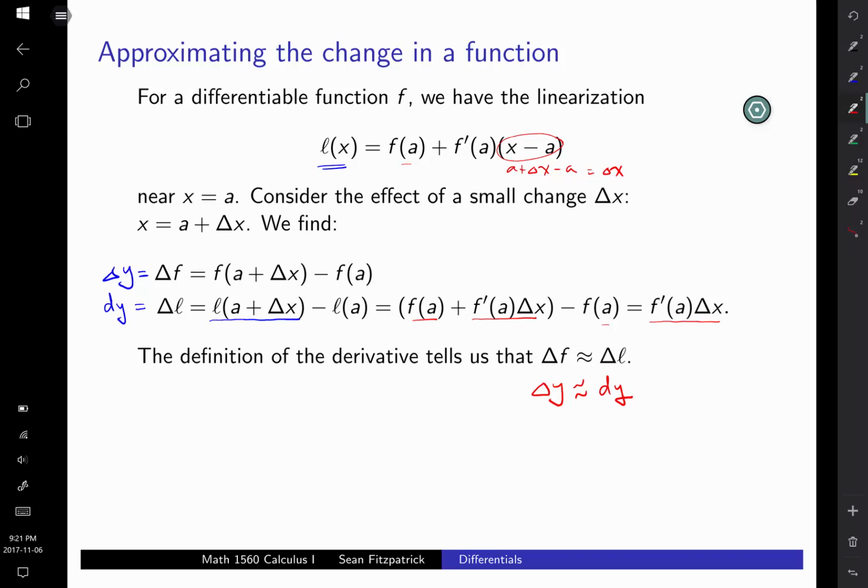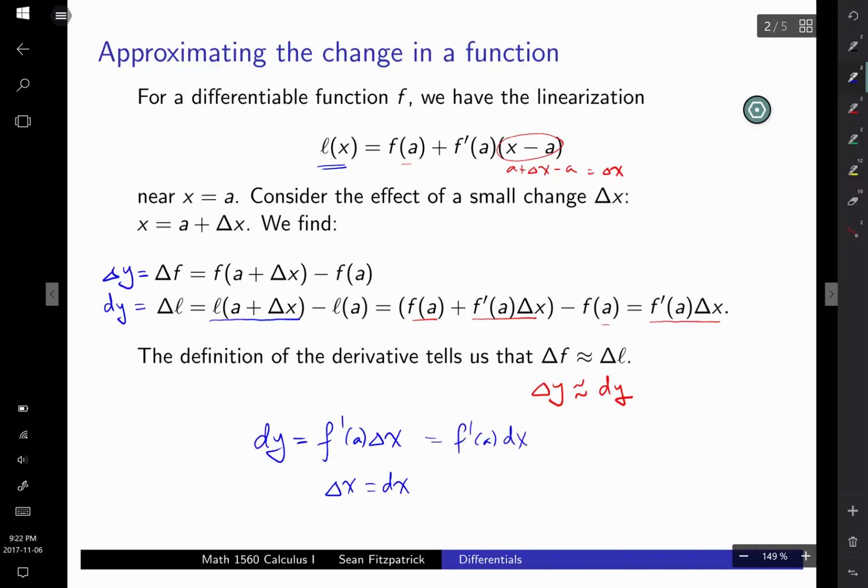So dy is given by f prime of a times delta x, and we often equate delta x with dx, and so we get f prime of a times dx.